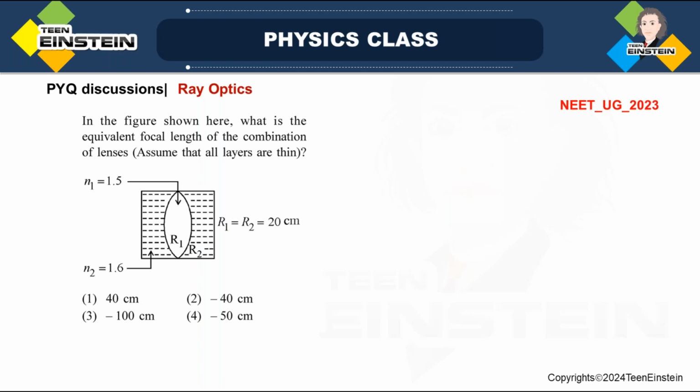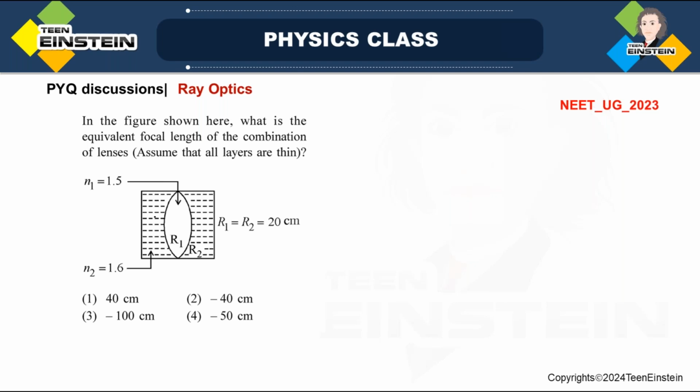Now we'll take up this question, which is also a very good question. In the figure shown here, what is the equivalent focal length of the combination of lenses? Assume that all layers are thin. First observe the figure. This is a liquid, or a medium, inside which this convex lens is immersed.